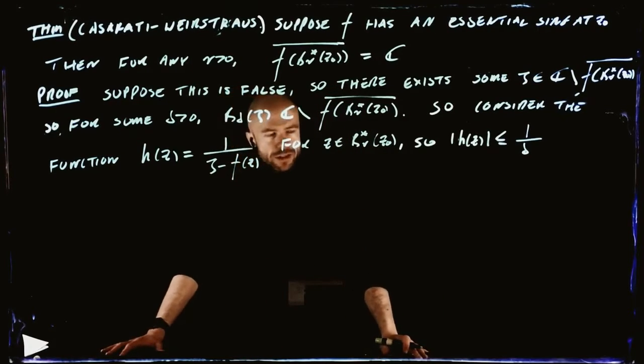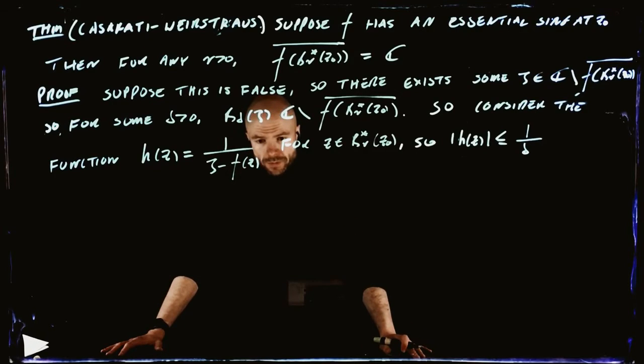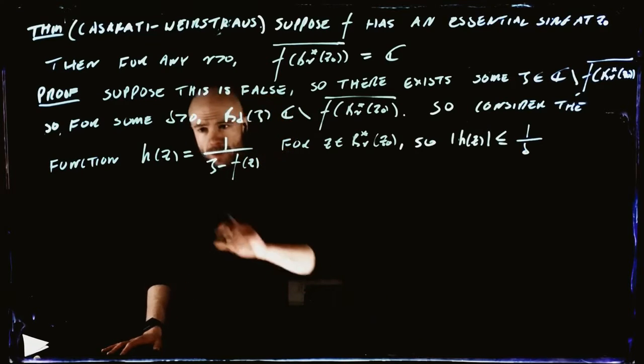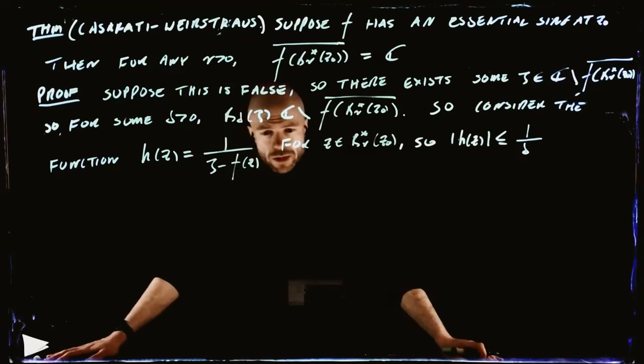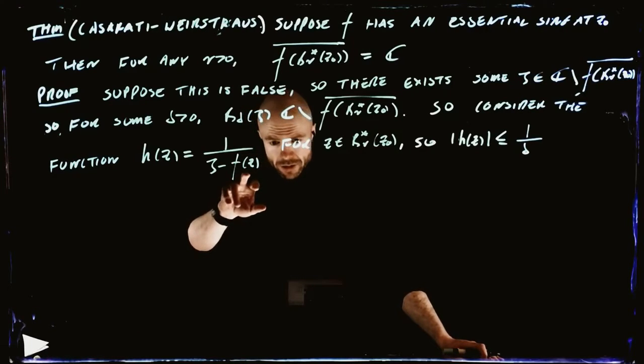What about h at z0? What is z0 for h? Is h defined at z0 when I just do this? Given our hypothesis, if I just ask you what h of z0 is, can you give me an answer? f has a singularity at z0, so we can't give f of z0 a value, right?